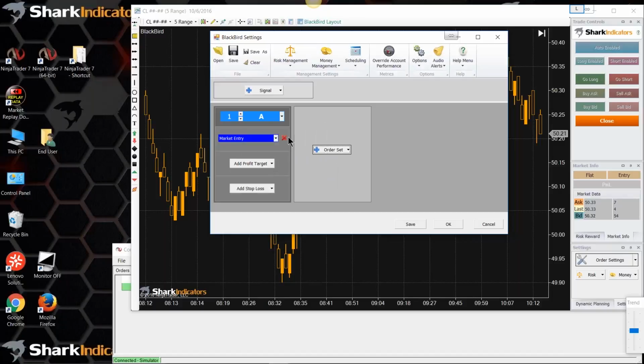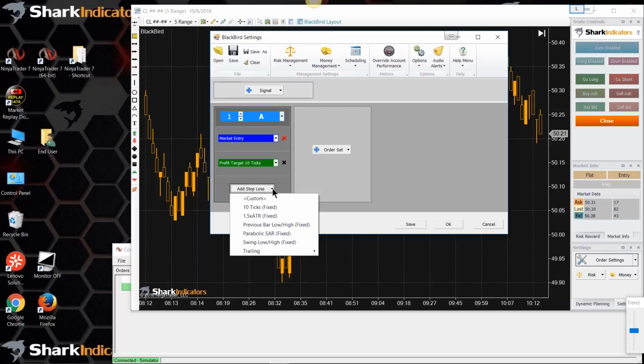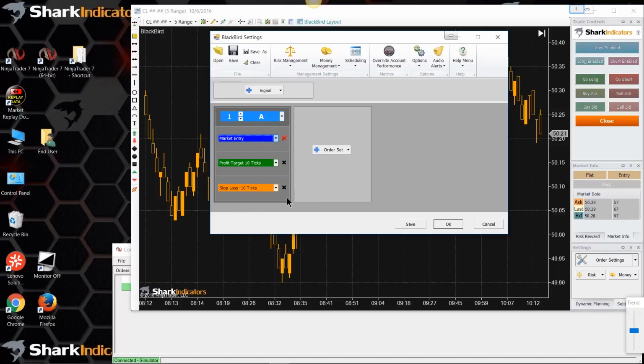And okay, so we can see at the top here, we have our entry order type defined at the top, and we can see our profit target is going to be the next one down. And so we could just select a simple 10 tick for now. And then the order at the bottom is going to be your stop loss. And I'll just do a 10 tick stop loss as well.